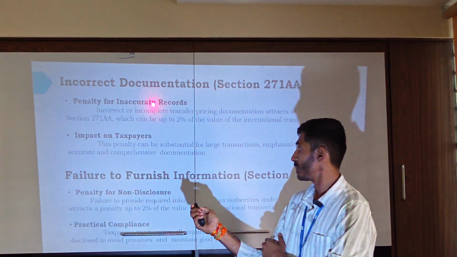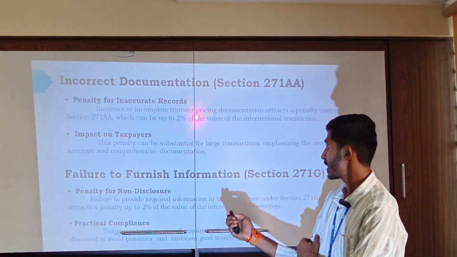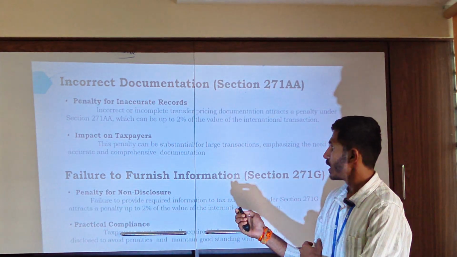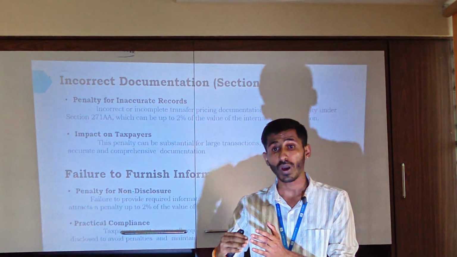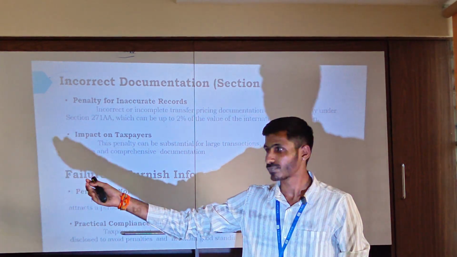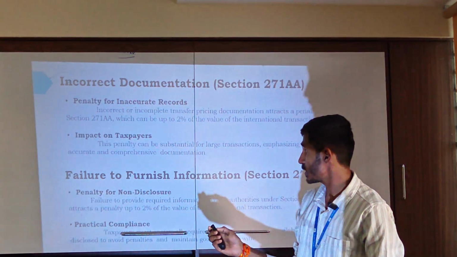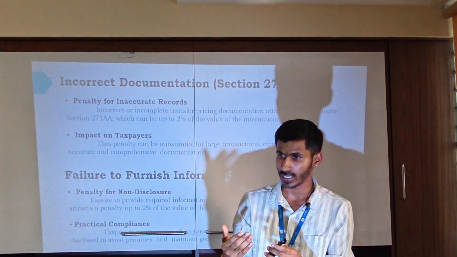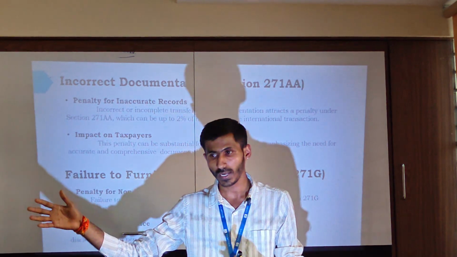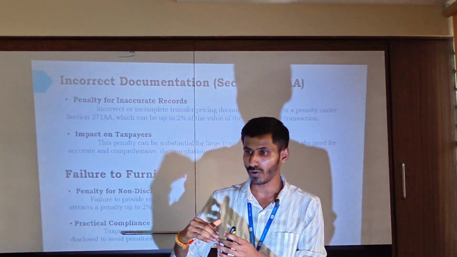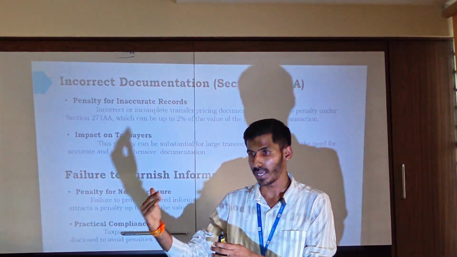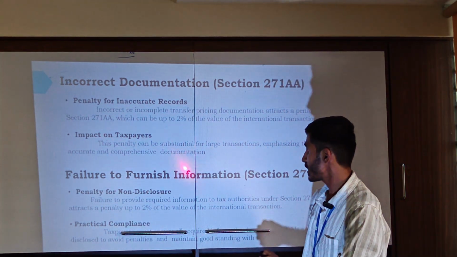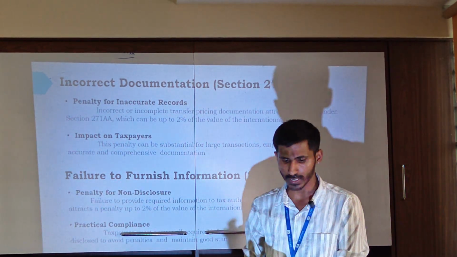How is the penalty calculated? If incorrect or incomplete transfer pricing documentation is given, under 271AA the penalty will be 2% of the value of the international transaction. So this penalty can be huge when there is a large international transaction. If the value of the international transactions is high, then this penalty can be substantial, emphasizing accurate and comprehensive documentation.